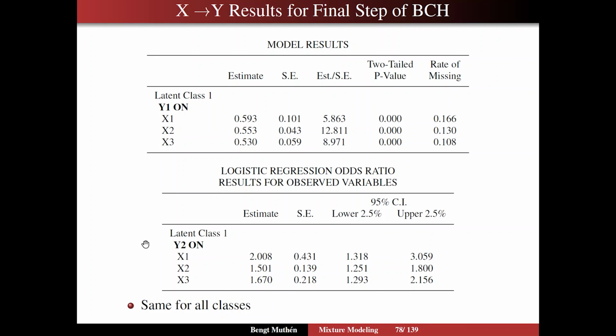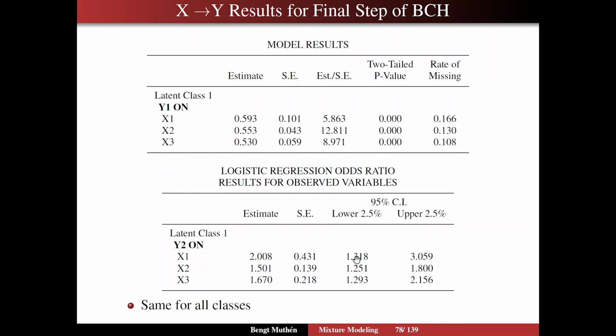At the bottom of the table, we have Y2, the binary one, and here we're looking at the logistic regression odds ratio results, where we would then be interested in the odds ratios and their 95% confidence intervals, and whether or not the confidence interval covers 1.